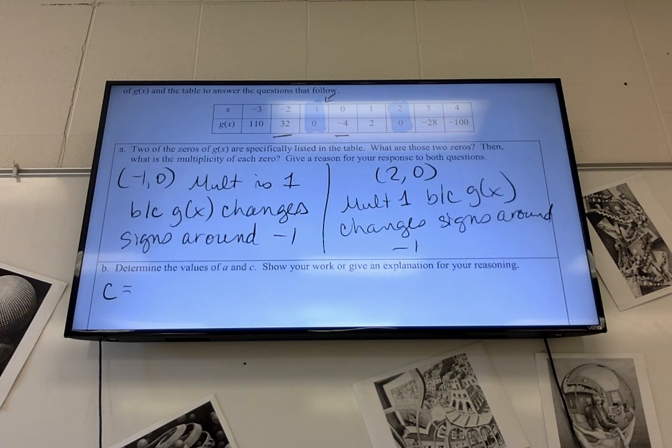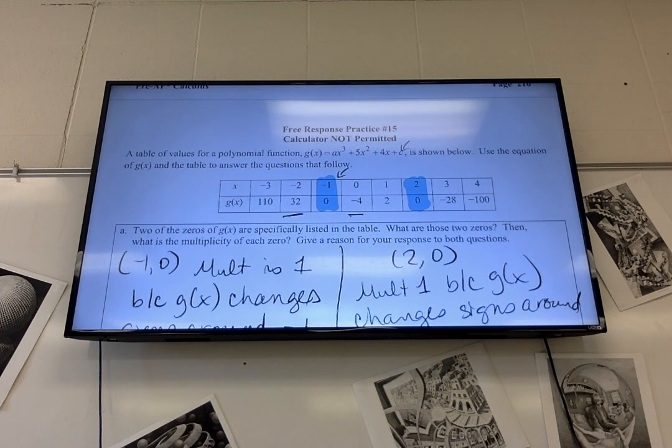The one I used to graph the y-intercept. -4. Yeah. C is -4 because the y-intercept is 0, -4. So that means here at the end, that has to be -4.